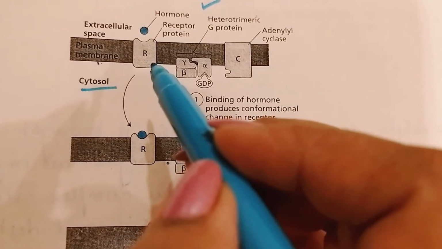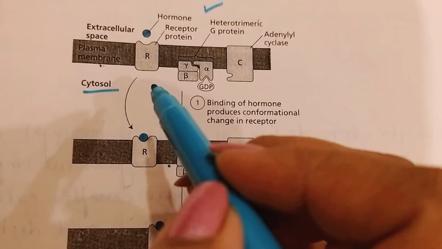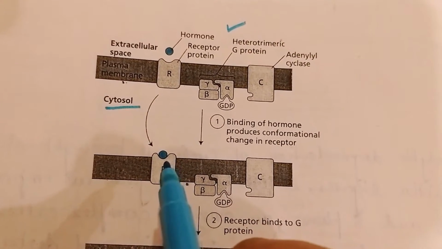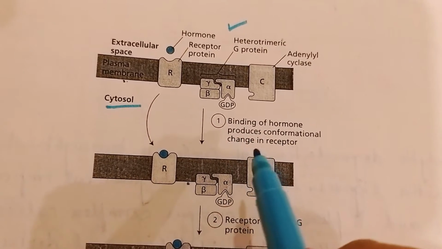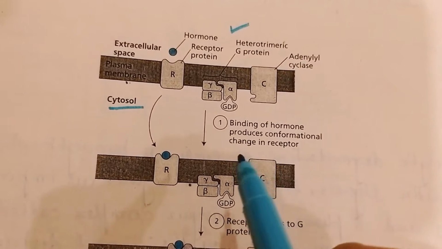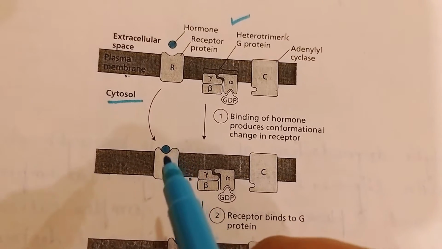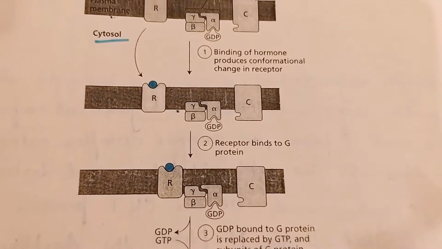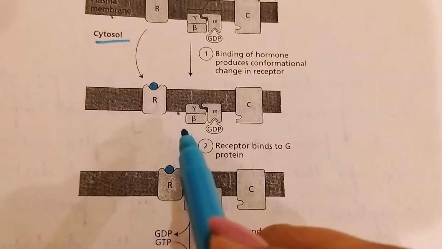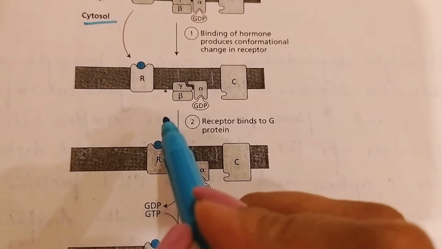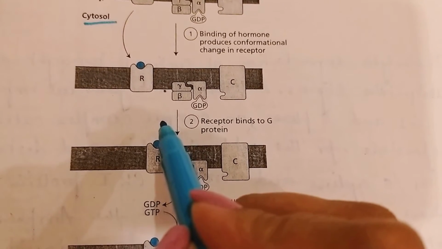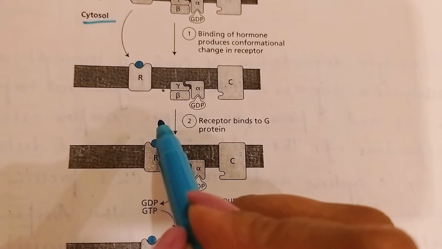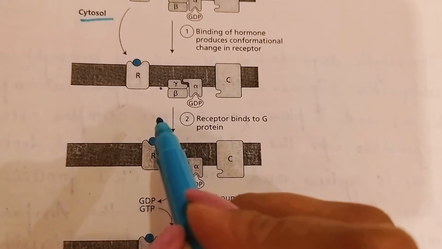This ligand receptor complex activates G protein molecules in a very short period. Once the hormone binds here, this will produce a conformational change in the receptor. Then the G protein is converted into the active form, where an interaction with the activated receptor causes its bound GDP to be replaced with GTP.